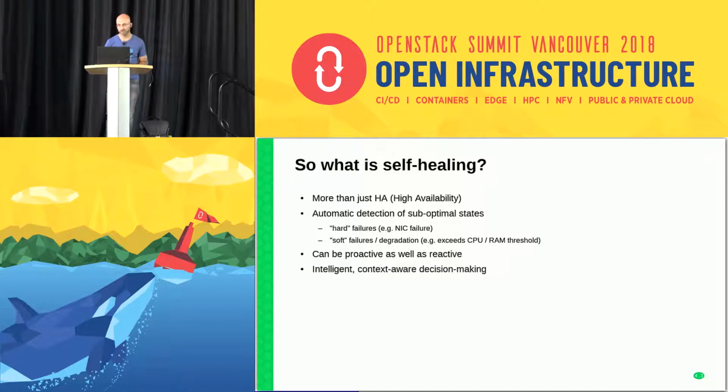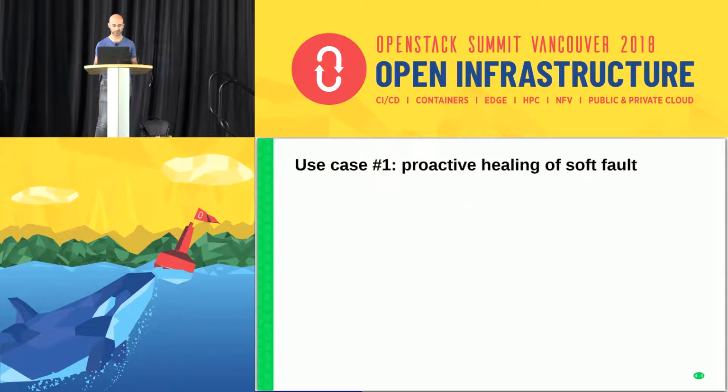It generally needs to be intelligent and aware of the context of everything that's going on, so it can make intelligent decisions about what remediation to take. And then, of course, we need the automated action. Otherwise, it wouldn't be self-healing. It would just be healing with people involved. And so that can address issues of reliability, availability, or performance.